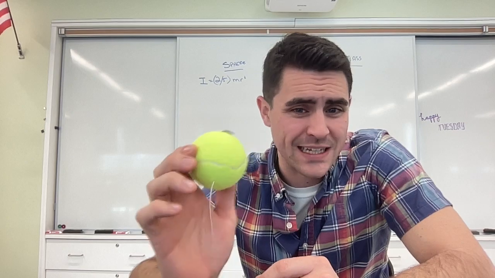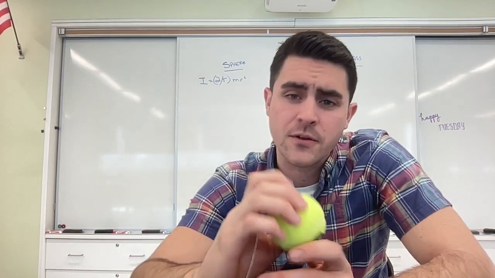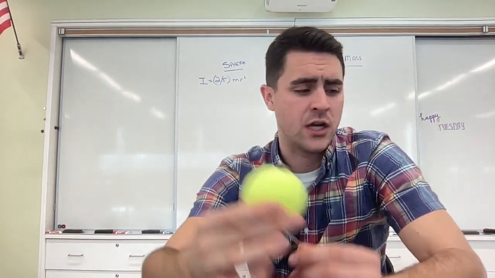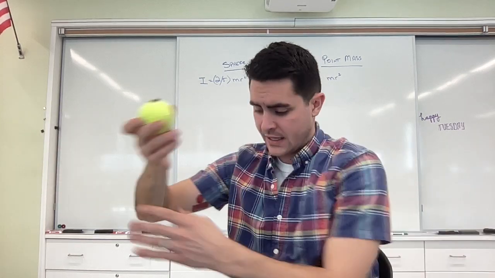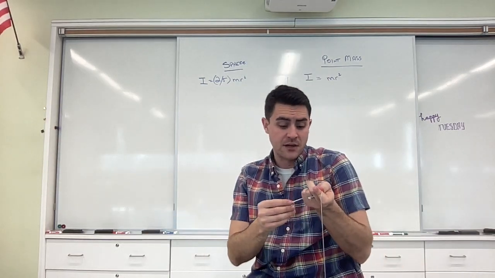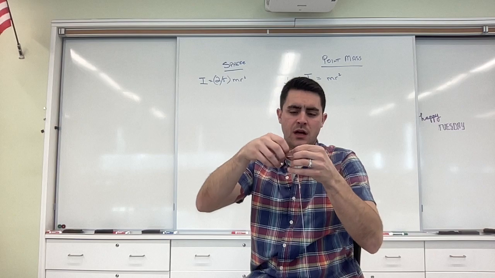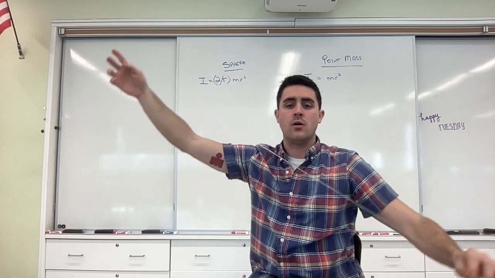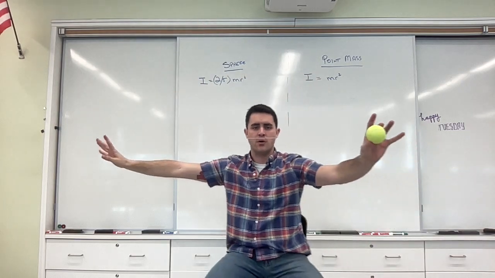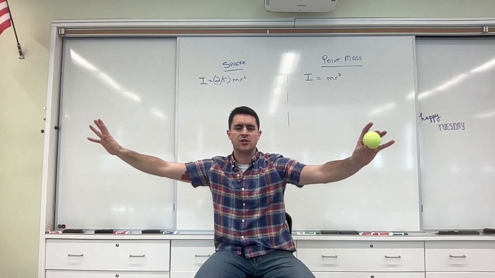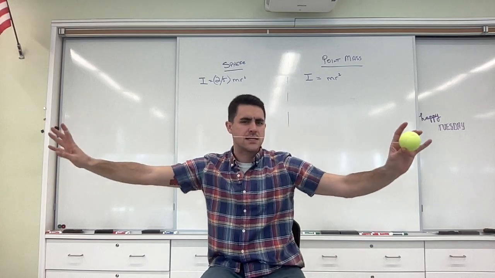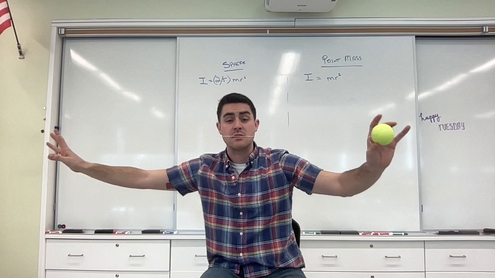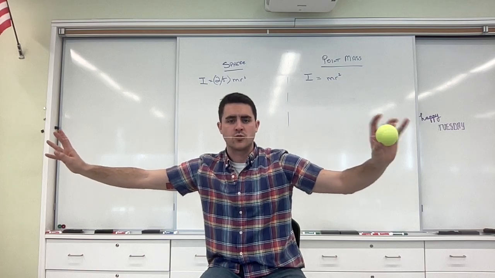Now, we can also think about this a very different way. Perhaps this object is not rotating around itself. Perhaps this object is rotating around a fixed point, like say my finger. If I put this string around my finger, now this tennis ball is going to rotate around this axis of rotation over here. Its angular momentum is much different than if it's rolling.